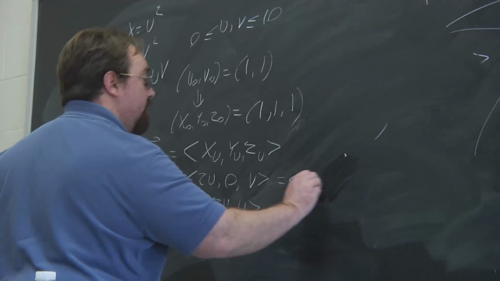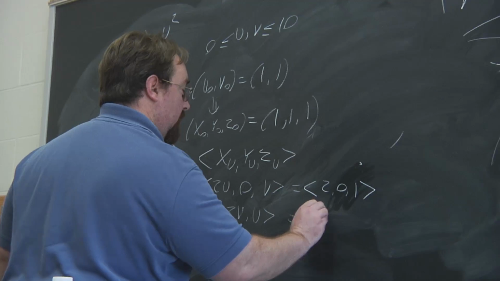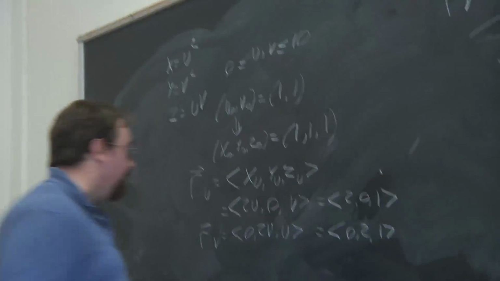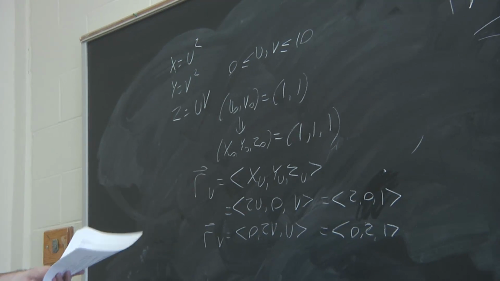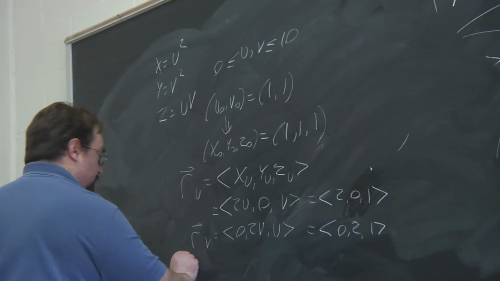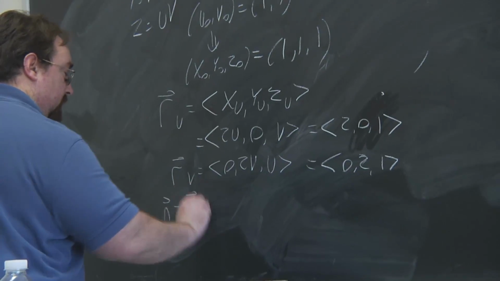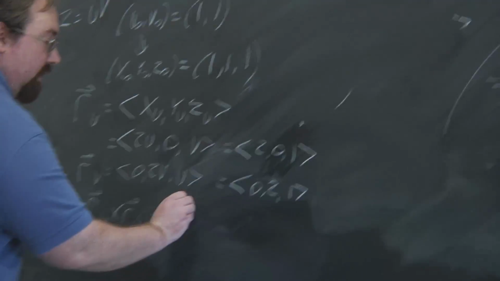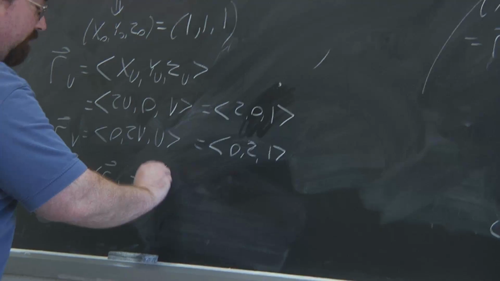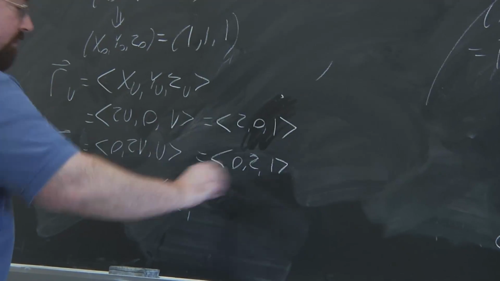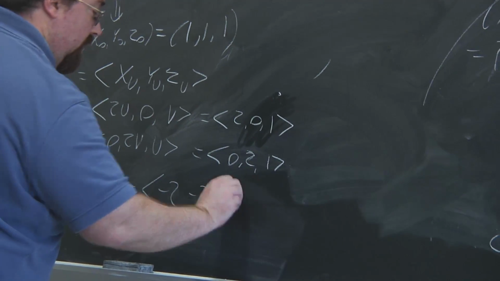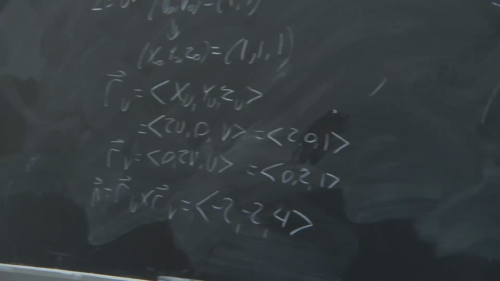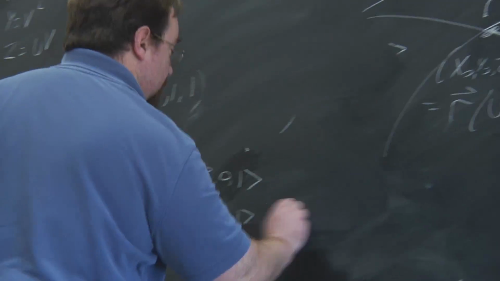So that's going to be 2, 0, 1, and then 0, 2, 1. Now we can get the normal of the tangent plane, and we're going to get minus 2, minus 2, and 4. So now we can write down the equation of the tangent plane.